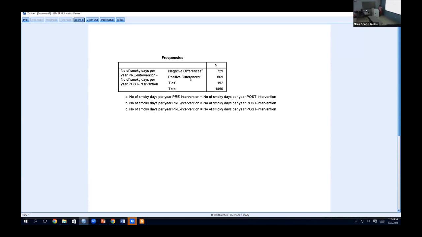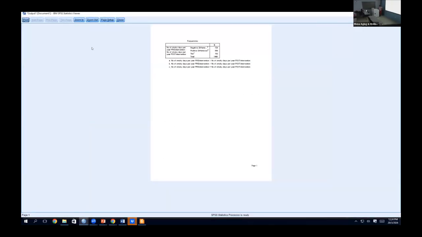And then B, these are the positive differences, that's 569. So we got what we would have loved in 569 cases, smoky days being less post-intervention. And then we had 192 ties. So that's table 1.